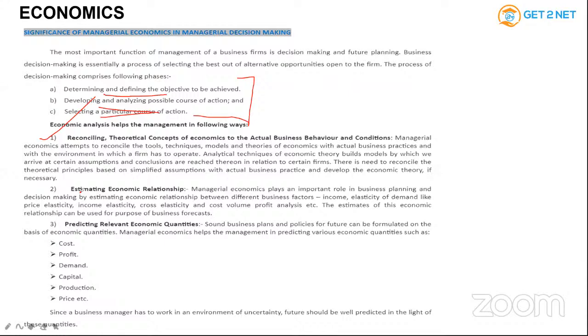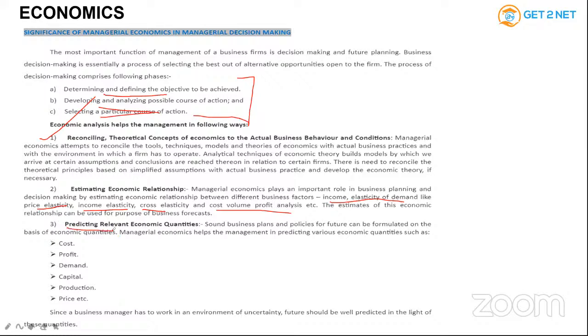We are taking different factors into consideration: income, elasticity of demand, whether price elasticity, income elasticity, cross elasticity, and cost, volume, profit analysis. Various factors are there when we discuss business planning and decision making.